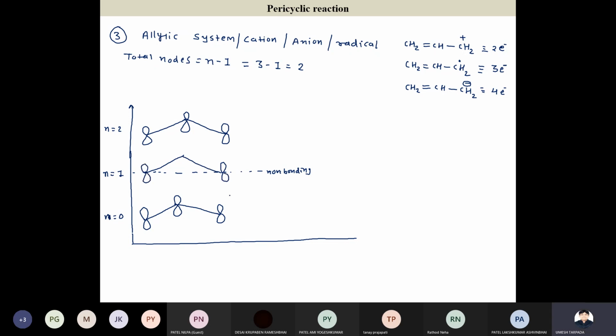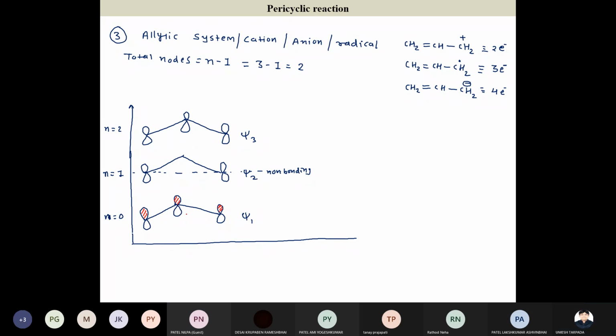Now you tell me, where is the node in the first level, psi 1? How many nodes are there? 0. In the first level, total nodes are 2 in general, but in psi 1 it is 0, so all the upper portion is shaded.